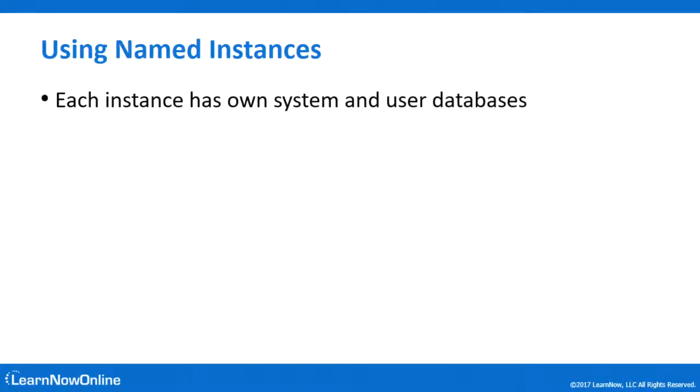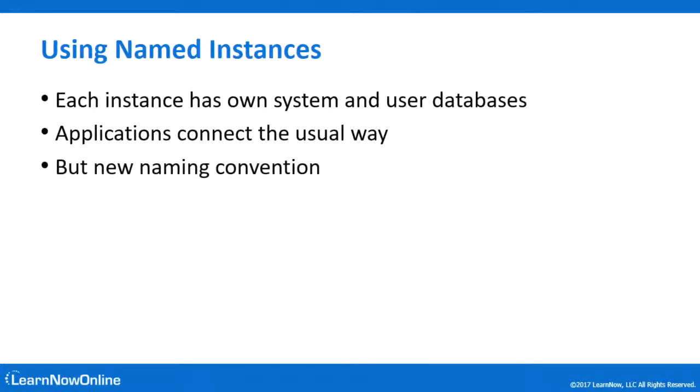Each instance of SQL Server on a machine has its own set of system and user databases. And then applications connect to each instance the same way they connect to different instances running on different computers. But they have to use a new naming convention, which is server\instance, to specify non-default instances.